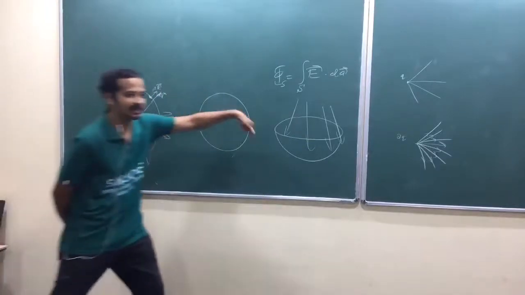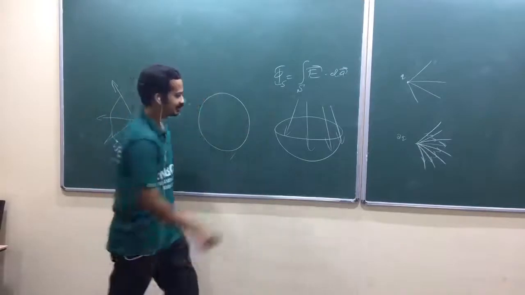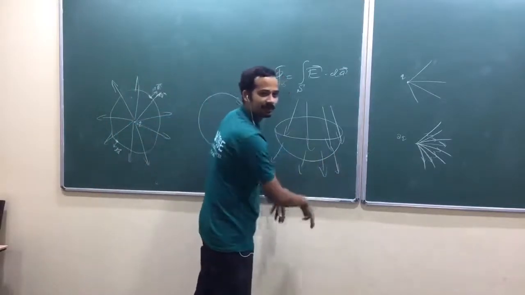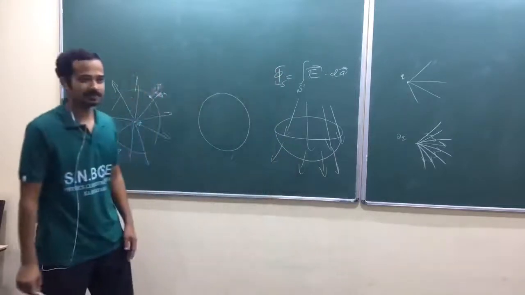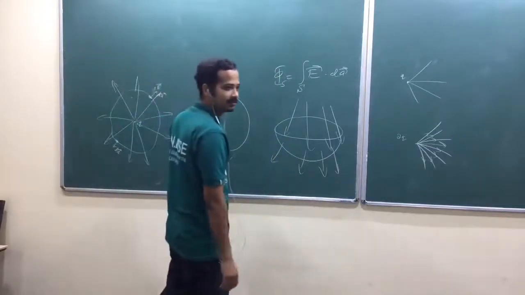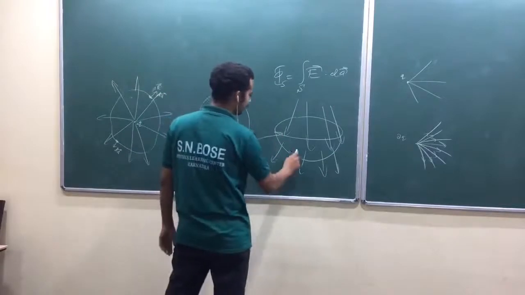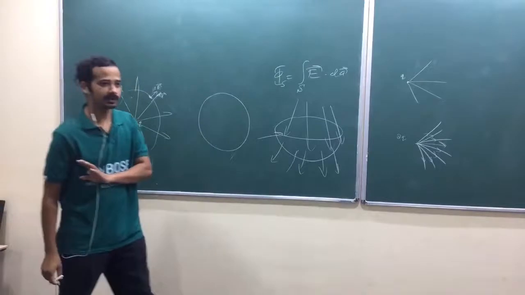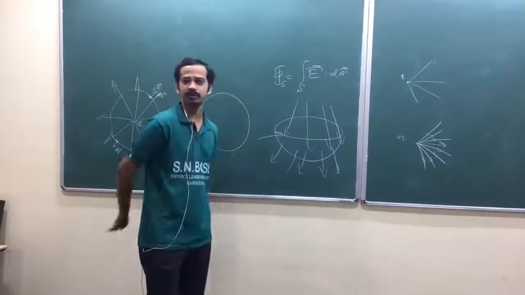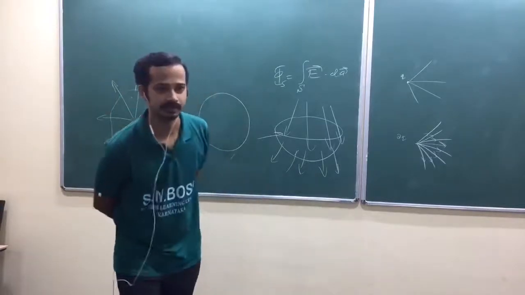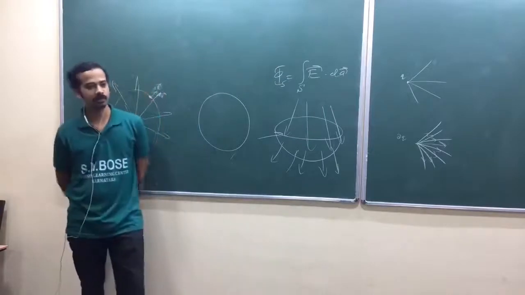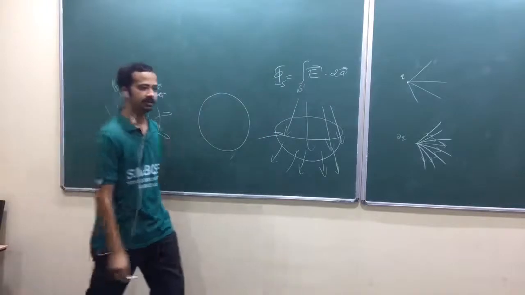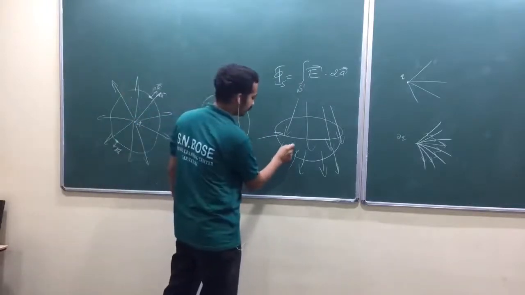You may feel it is inward, but when it passes through, it is outward. Let me call this one inward. Everything will be confusing, isn't it? For an open surface, inward flux or outward flux is meaningless. Only flux. And you had better talk about magnitude, because again ambiguity comes: how to choose the dA vector, either this direction or this direction.